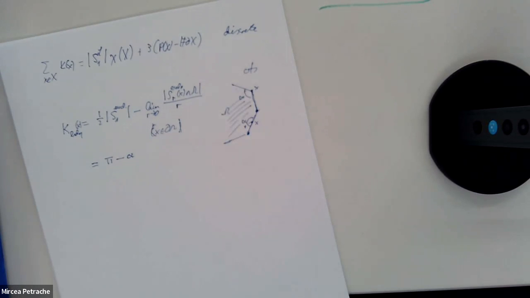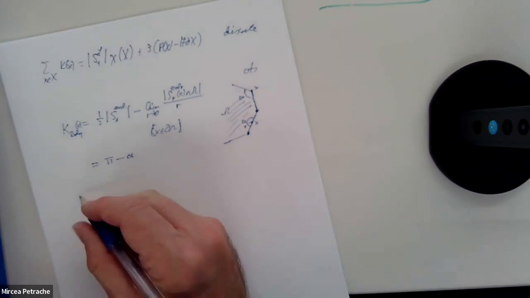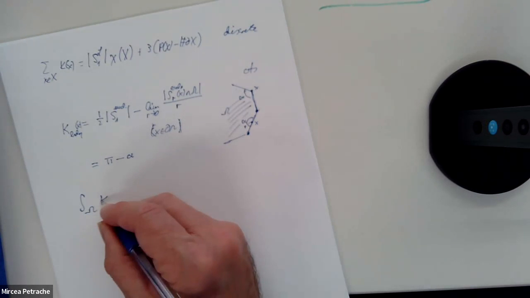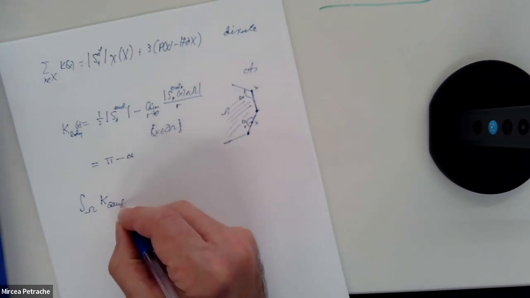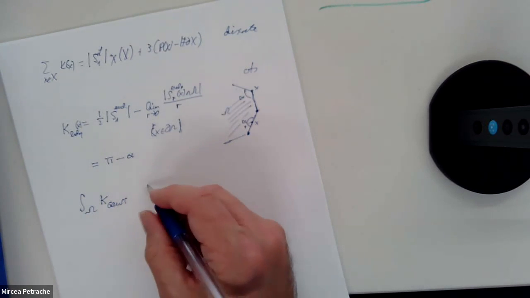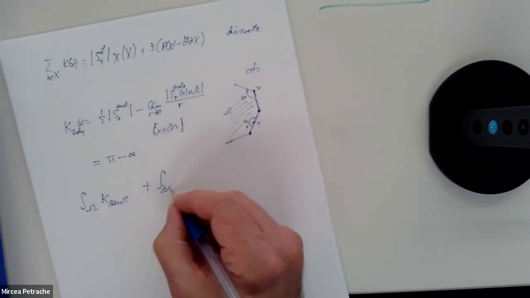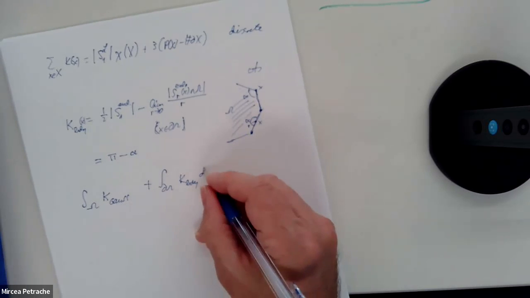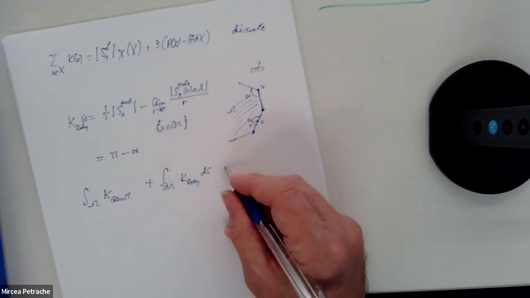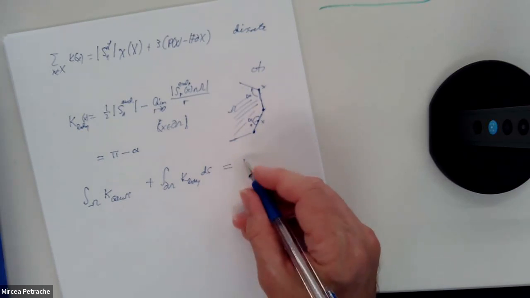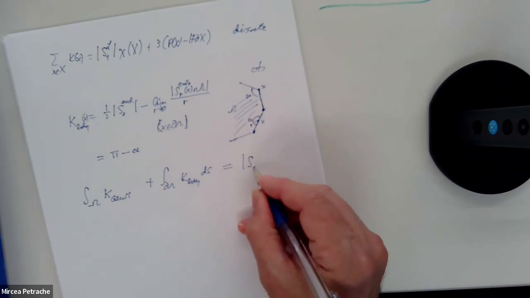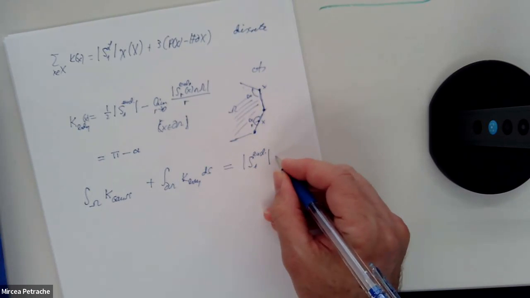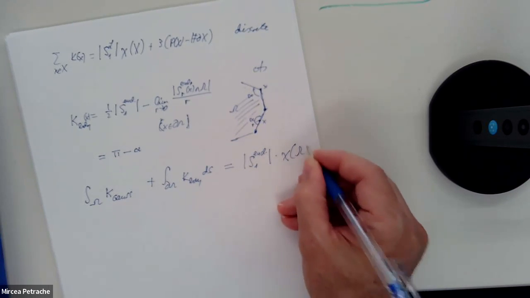the plane would be, in the continuous, you have the integral over omega of the Gauss curvature plus the integral over the boundary of omega of the geodesic curvature against the arc length, and in this case it gives you the S1 in Euclidean space times the Euler characteristic of omega.